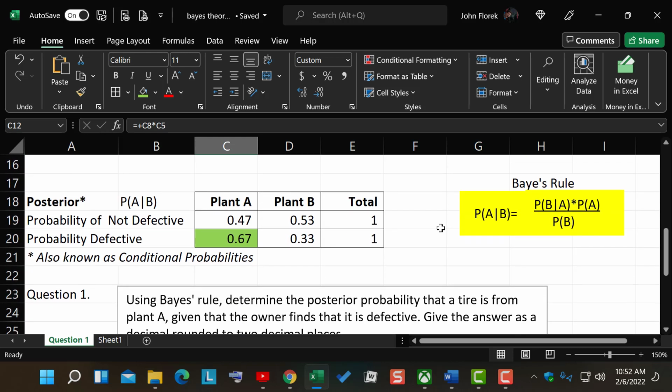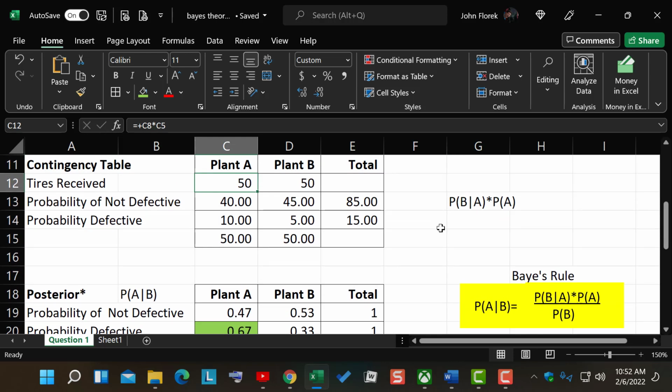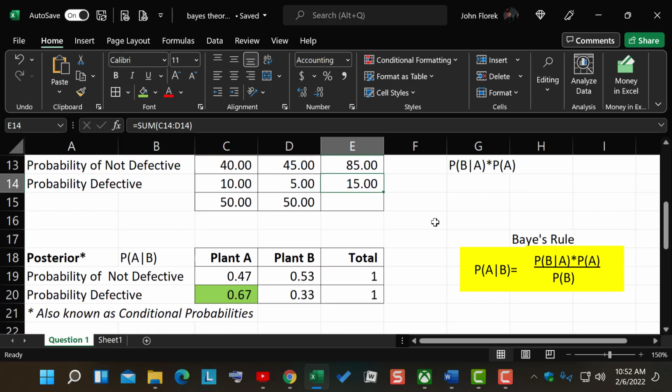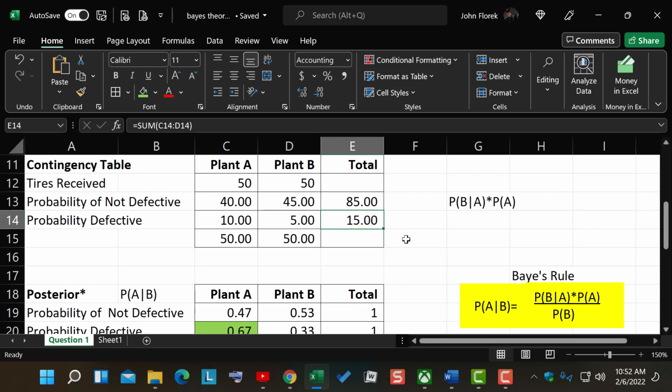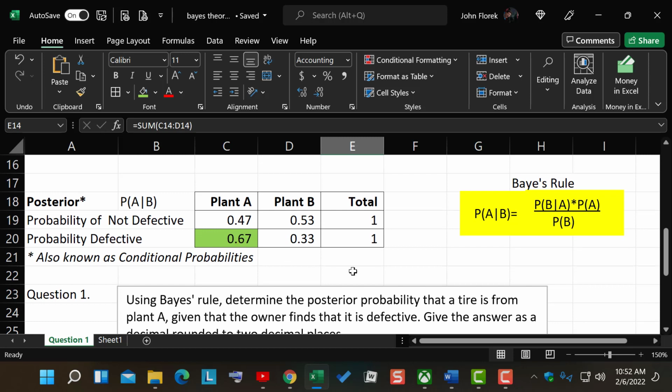However, in reality, what it's saying is that you're probably going to have 15 of the 100 tires defective, and you found one of those 15. Odds are 67% that it came from plant A. That's all it's saying.